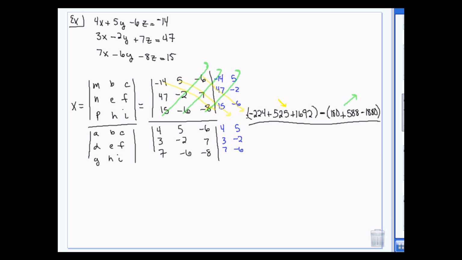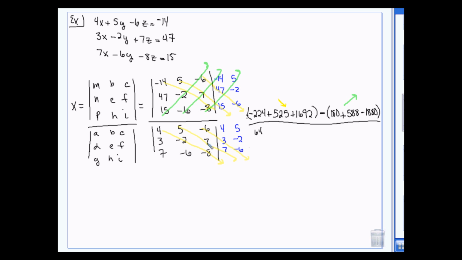So whatever that is, that's going to be divided by whatever the other number is? Uh-huh. Okay, and we'll do the same thing for the denominator. Down first. So I have 4 times 2 times 8, which is 64.